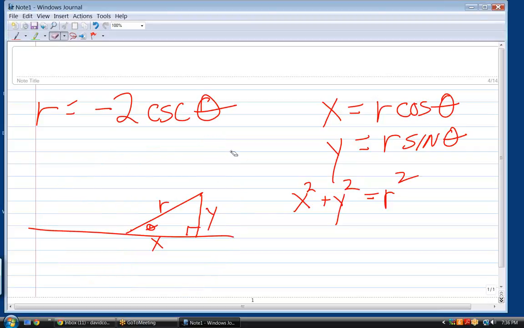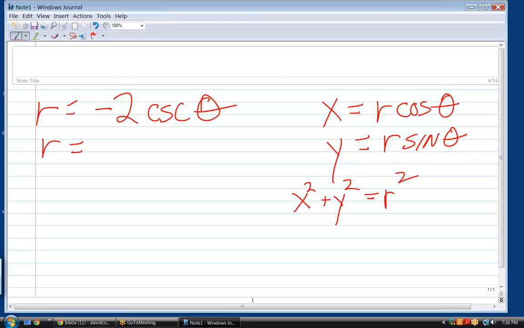So, first of all, let's get this in terms of sine or cosine, so we can apply these formulas. So if r equals -2 cosecant of theta, what is it in terms of sine? It would just be 1 over sine theta.